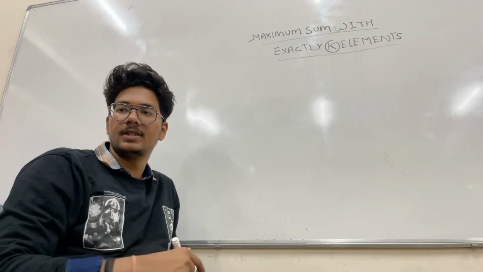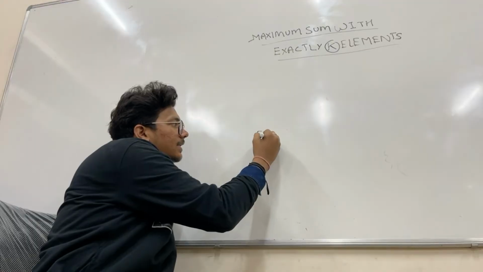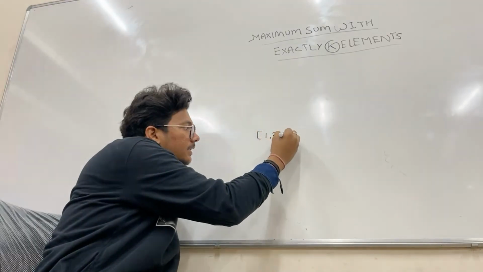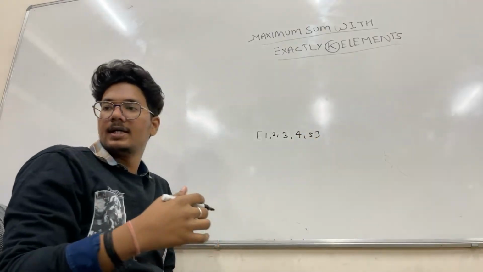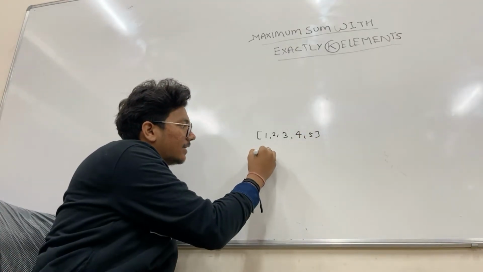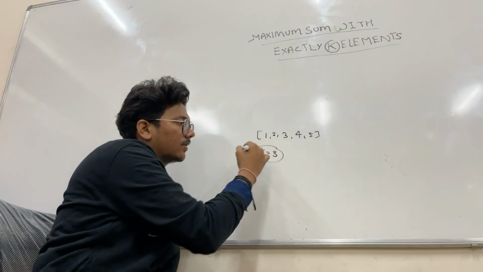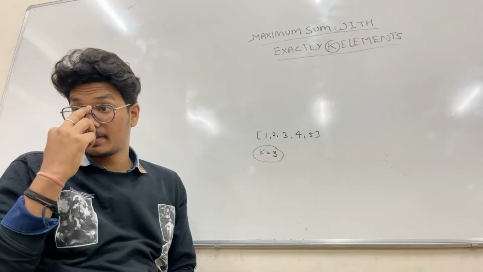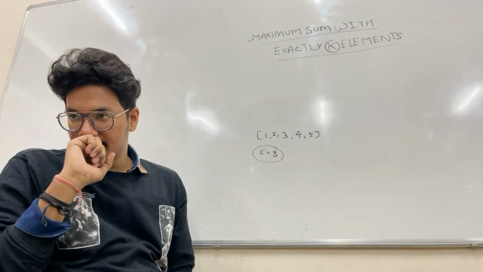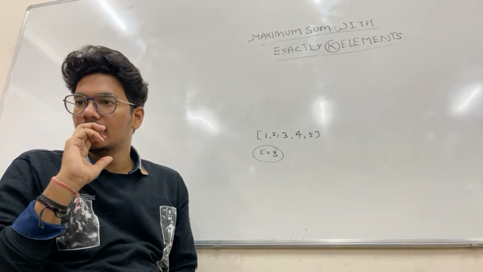If nums is given as 1, 2, 3, 4 and 5, and k is equal to 3, we need exactly k operations and have to return the score.